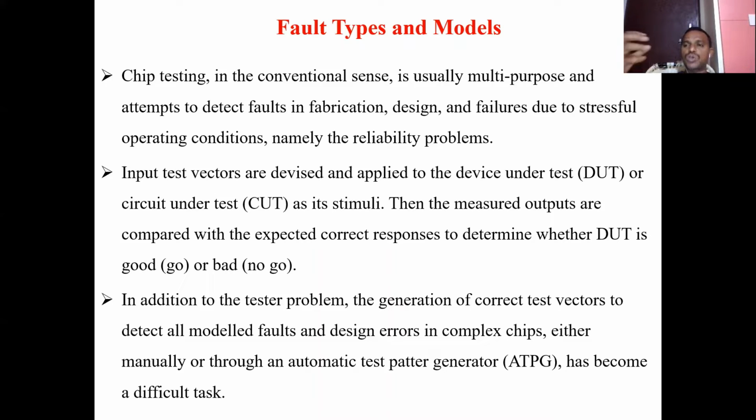By taking those output values for the given test vectors, we will verify those outputs against the actual expected correct responses. Suppose you consider an AND gate, I will take a simple example. Here I have an AND gate, where A and B are the inputs and O is the output. Here I have 1 1. What do I have to get for an AND gate?